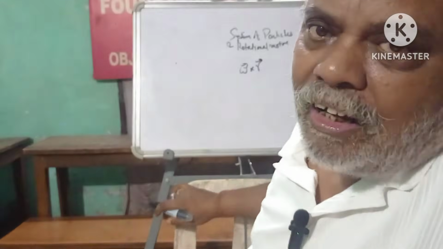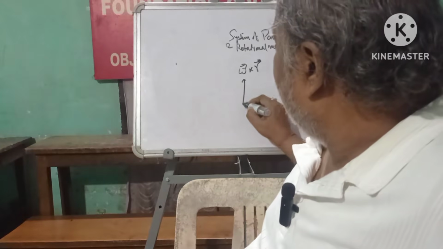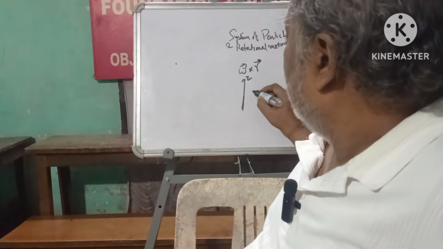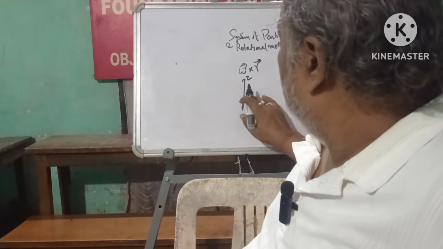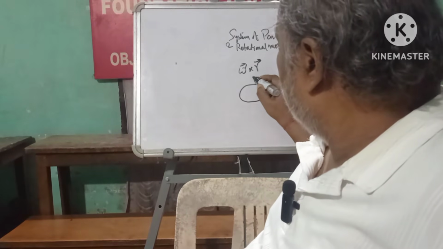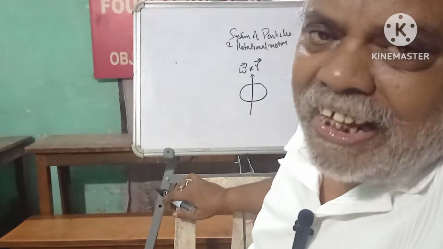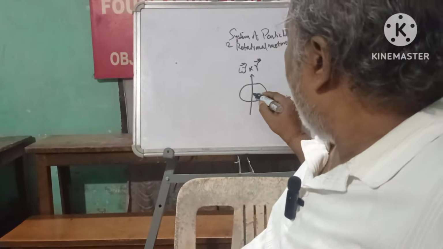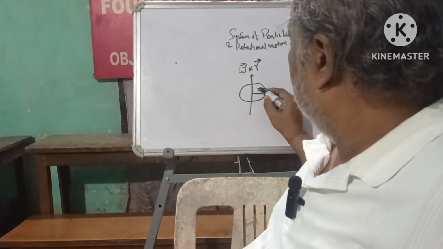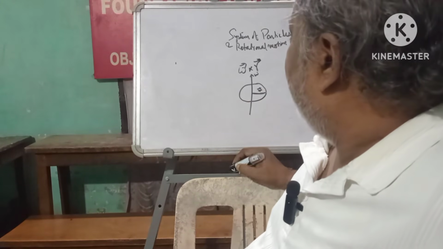Here your omega is along the z axis, and let us take a particle rotating in a circular path.